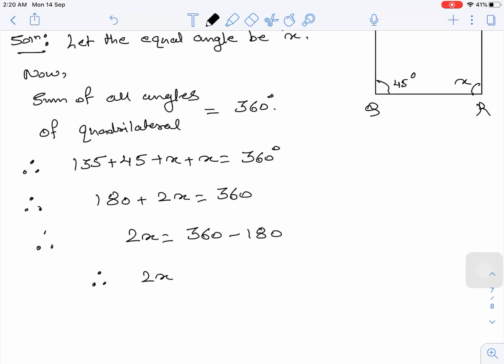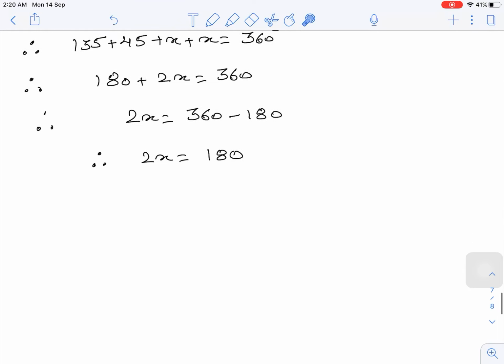Therefore 2x equals 180. Now we have to find the value of x. 2 is multiplying x, so if we change its side, it will divide. So you will get x equals 180 upon 2. Therefore x equals 90 degrees.